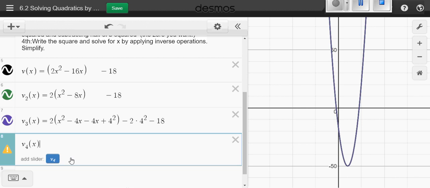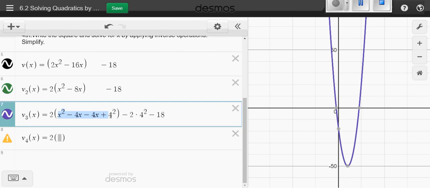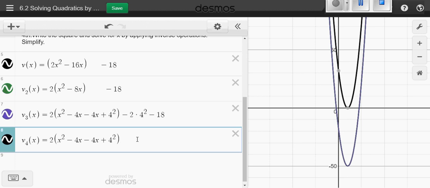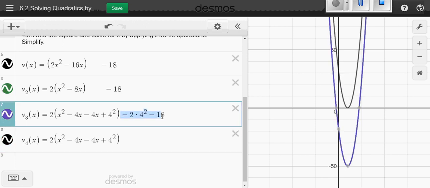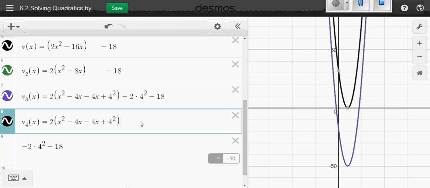Step 4. So I've got my a, and now I copy all this right here. And I need to figure out what this is. So I need to do this right here, and I see that's negative 50. So now I know it's negative 50.